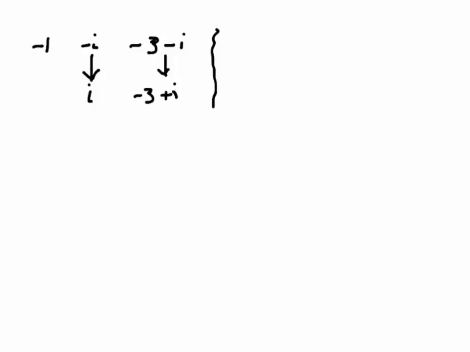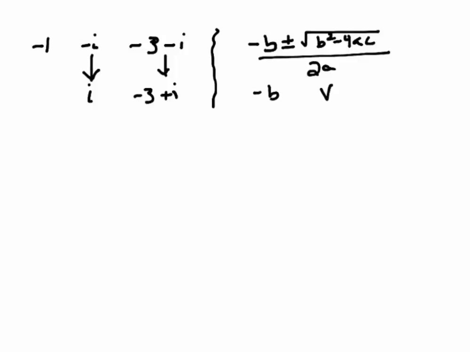Now if you're wondering why that is with the conjugates, if you think of the quadratic formula, if you have under that square root something that comes out to be negative, that'll have an i in it, and then you have this plus or minus right there. That's why they come in conjugate pairs.